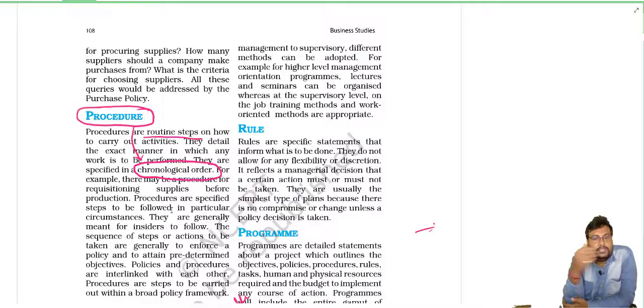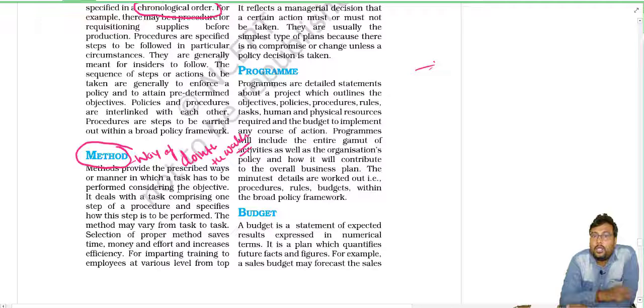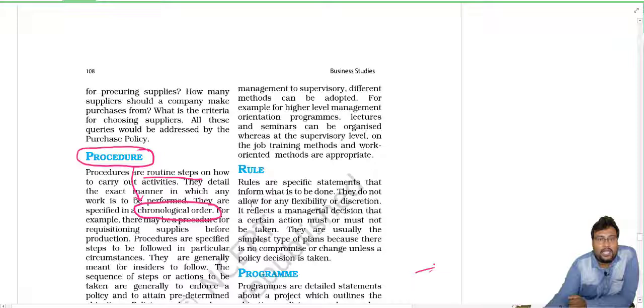That is your procedures. Next one is method. Method is what? Way of doing the task. By which way, by which method you are completing the task, that prescribed way for completing that task is all considered as method. And rule.